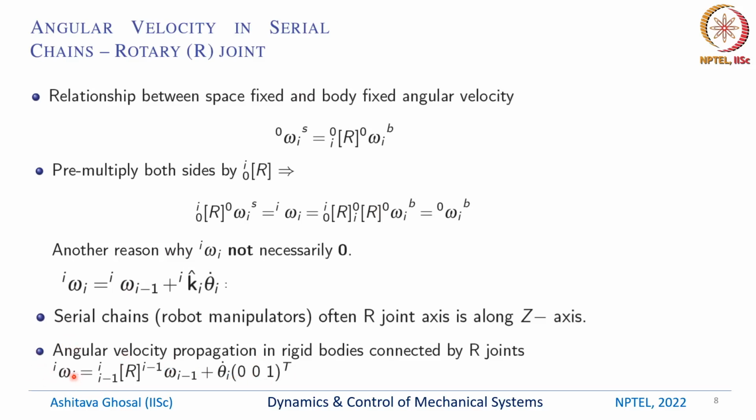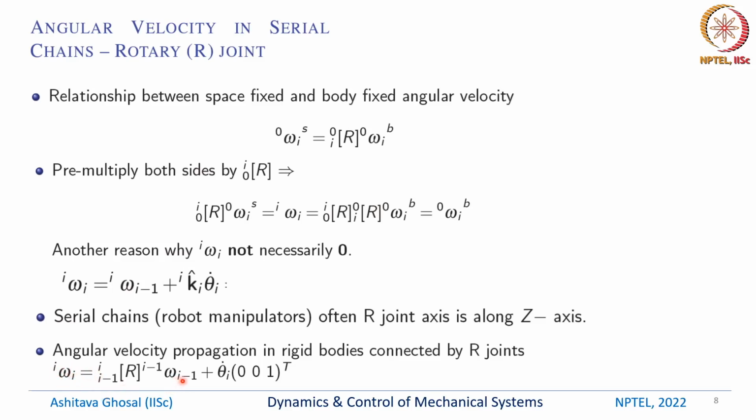So this is about the z-axis. This formula will tell you the angular velocity of the first link with respect to the previous link. Then we can put i equals 2. Then the right hand side is ¹ω₁, which we have obtained from the previous step, and this will give me ²ω₂.